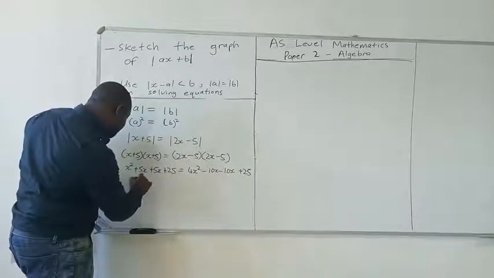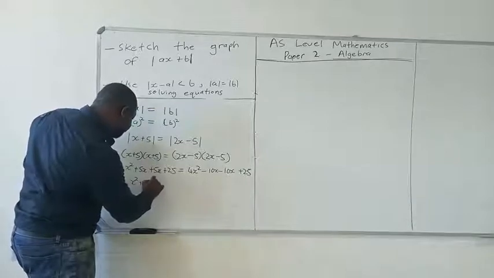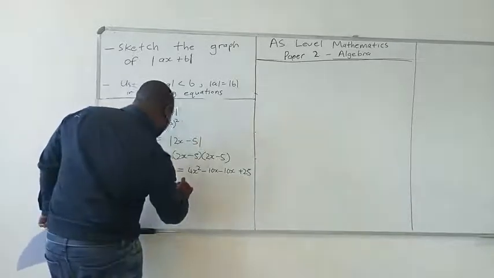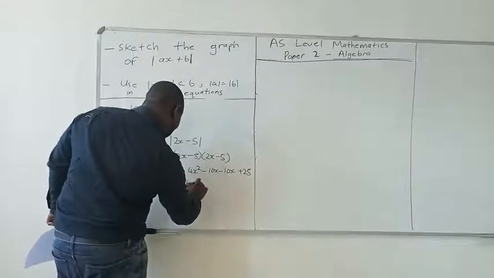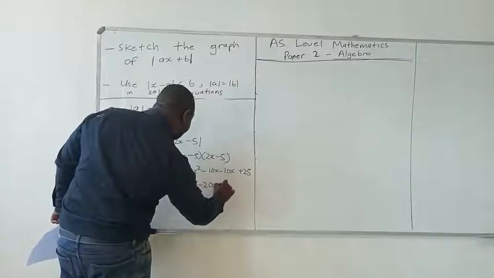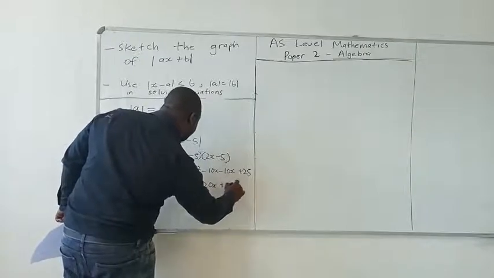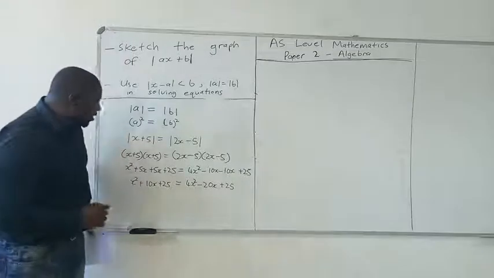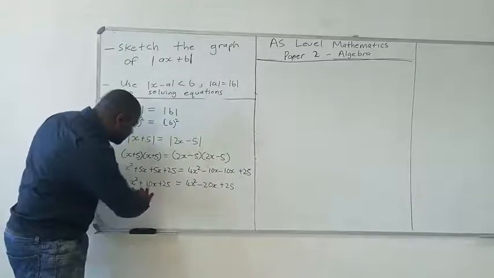So this becomes x squared plus 10x plus 25 is equal to 4x squared minus 20x plus 25. From there, we repeat the same process.